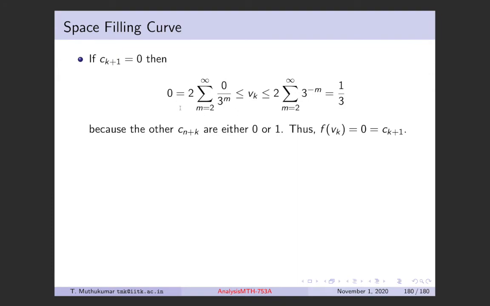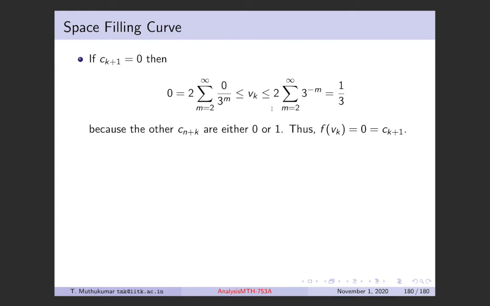vk is lying between 0 and 1/3. Why? Because c_{k+1} is 0, and every c_{k+n} is either 0 or 1. The lowest value is 0, so if I put 0, I get 0 here. The highest value possible is 1, so that you have the series which is converging to 1/3.